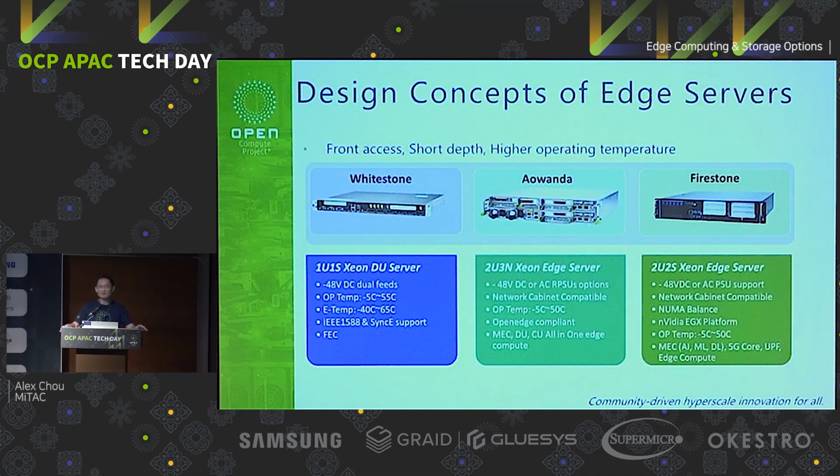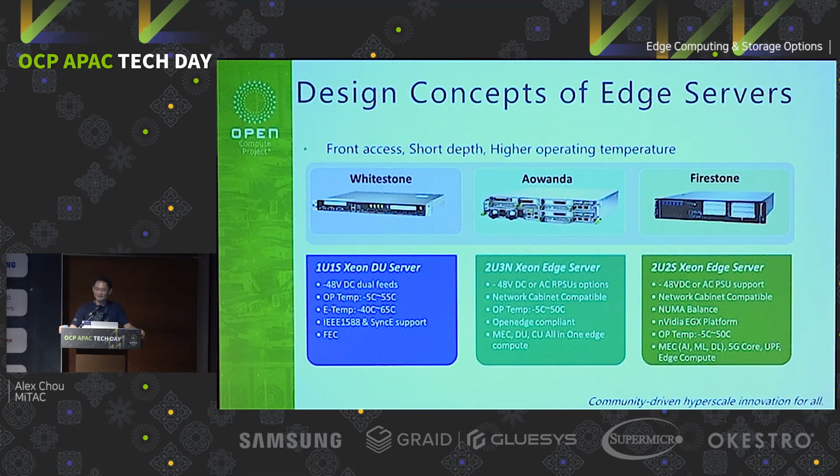If we zoom in on these 3 major edge computing servers, you may find we have some new design concepts which are different from the traditional data center server. For example, we turn the server to be front access, meaning not only the SSD storage bay is at the front, but also the I/O and the PCIe expansion slots are all at the front.